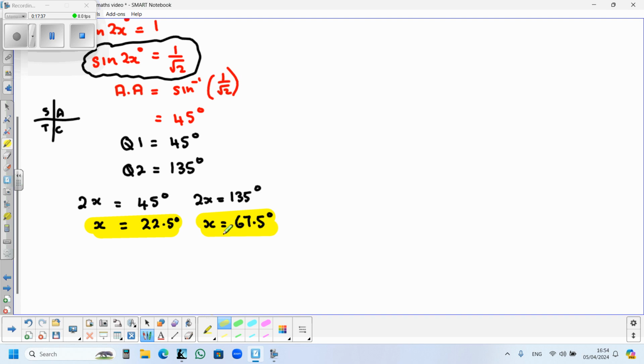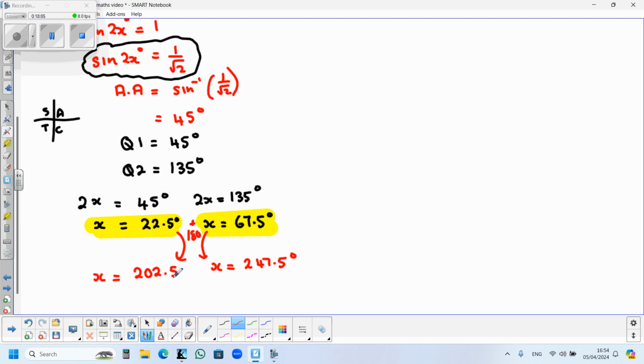But we know the period of the graph was 180, so you've got to add on 180 degrees to both of them, and that will give you your other 2 answers. So the other values for x: 180 onto 22.5 is going to be 202.5, and 180 onto 67.5 is going to be 247.5 degrees.